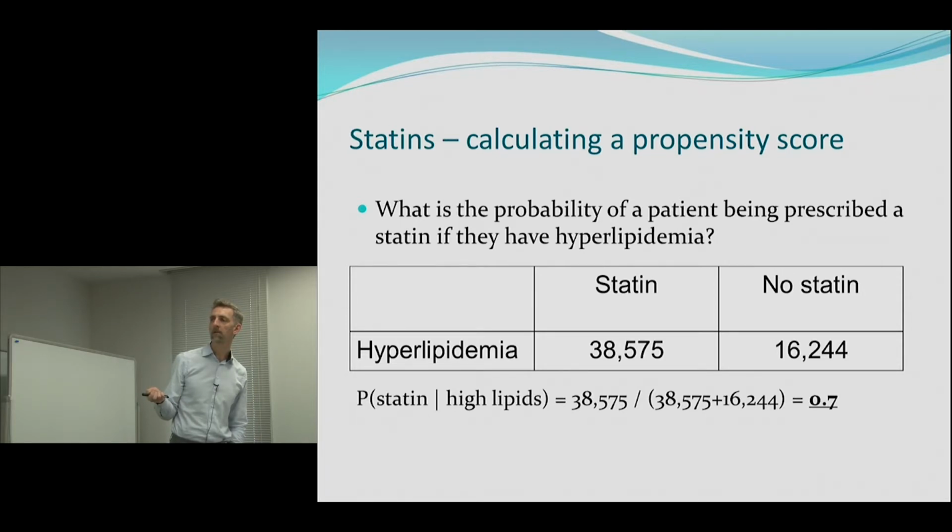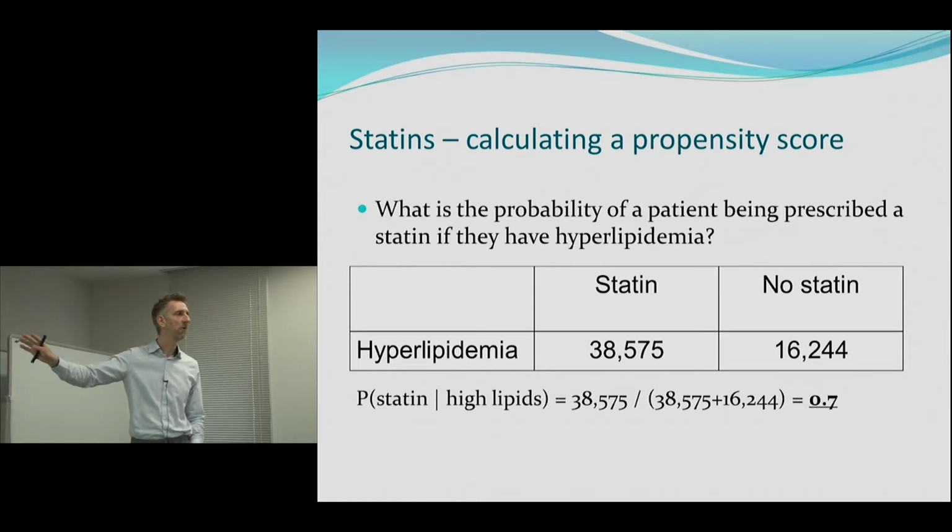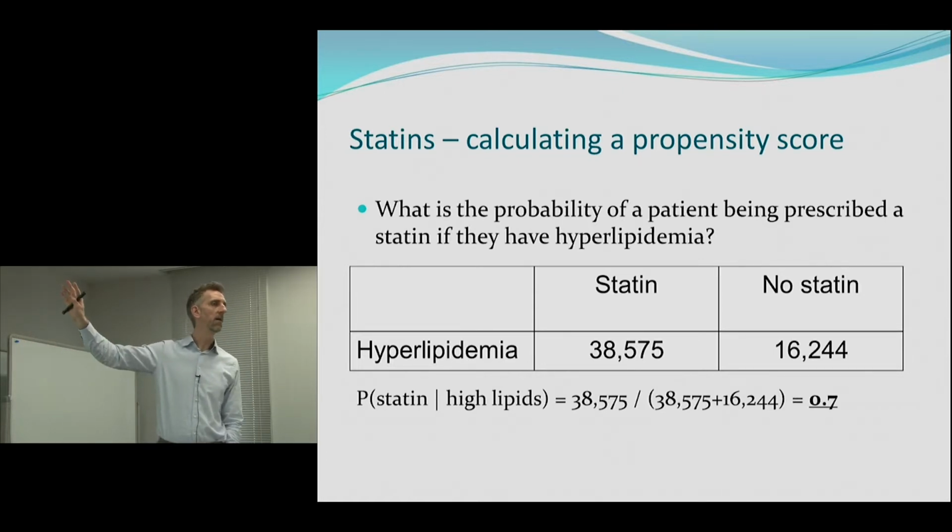What's the probability of receiving a statin given that you have high lipids? In our study population, if we take everybody with high lipids, it's the number of people with high lipids who are receiving a statin divided by the total number of people with high lipids. And it would be 0.7. This would then be the propensity score for everybody with high lipids.